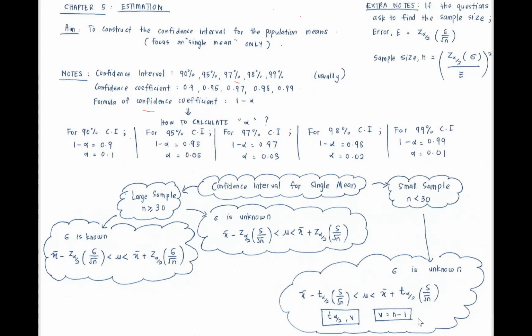Now we look at this example. Suppose that we have 100 samples of water from a freshwater lake. That means we have the number of samples, our n is equal to 100. The average is 0.66. That means this is your x bar, the mean of the sample.